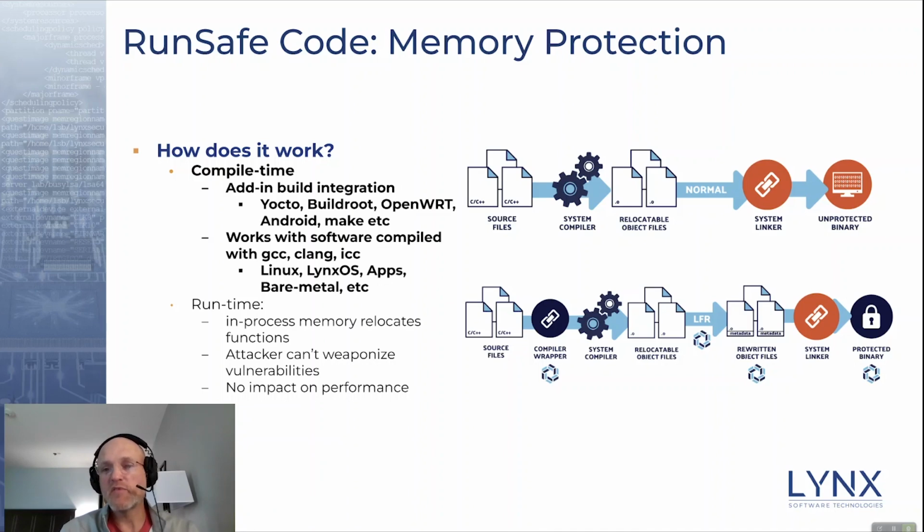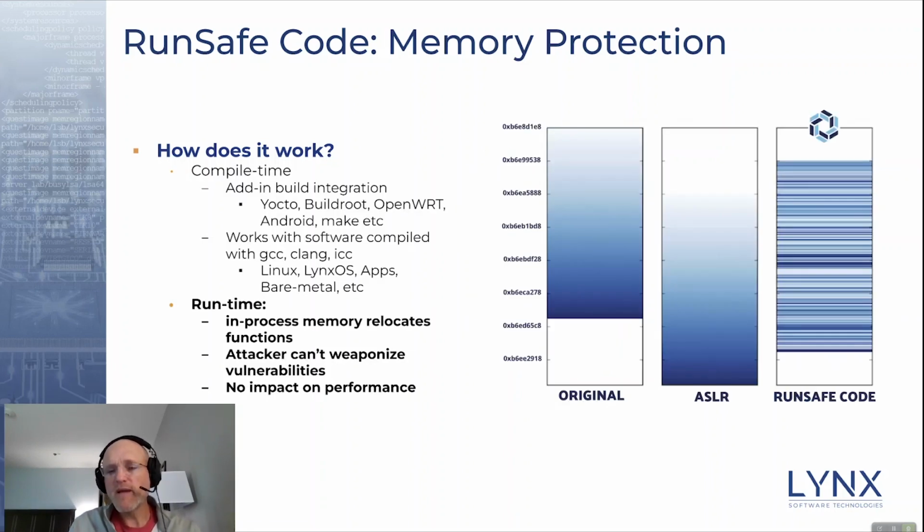And then the system proceeds to normal linking. The output, as a result, is a binary that has this function information in it and an extra linked library, liblfr, our technology. So in runtime, what happens is the process is reorganized at a function level.